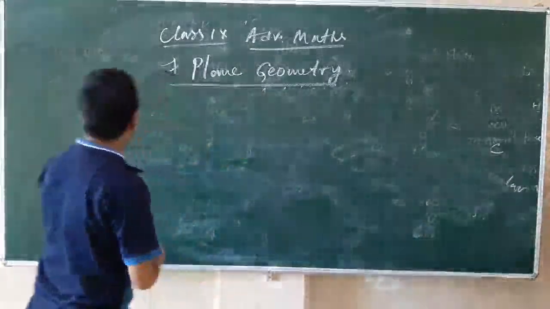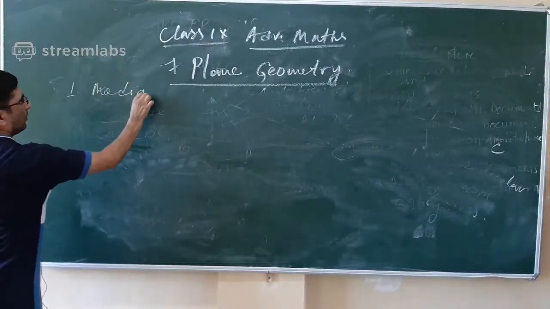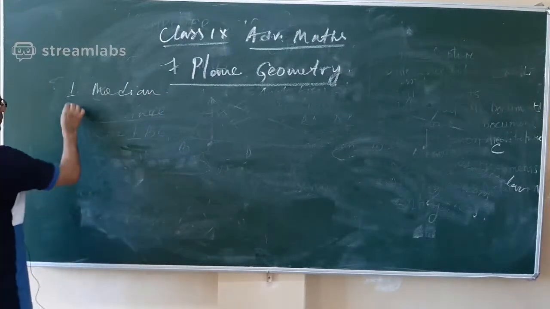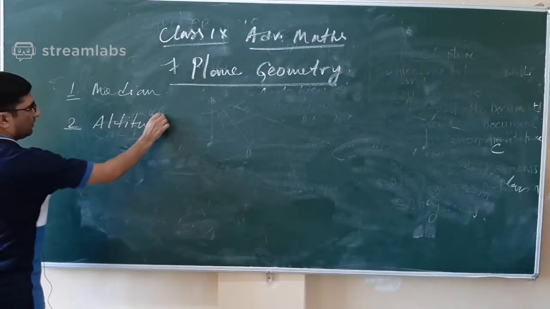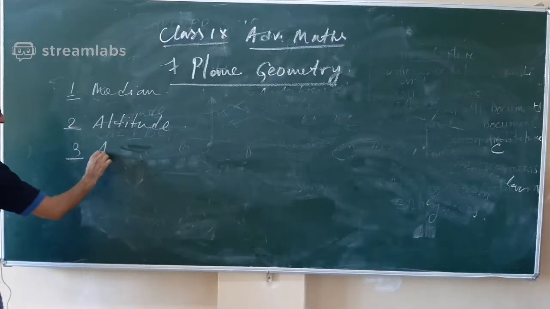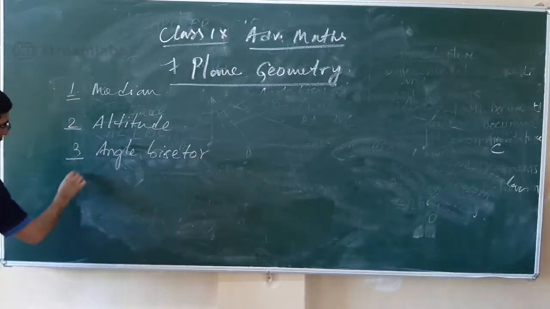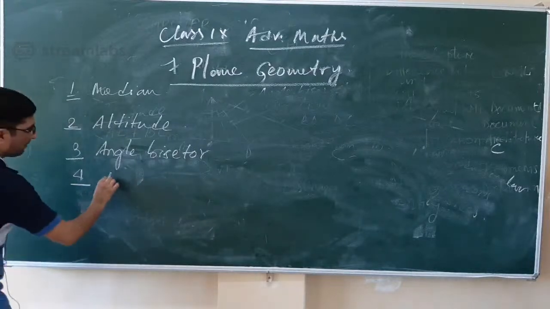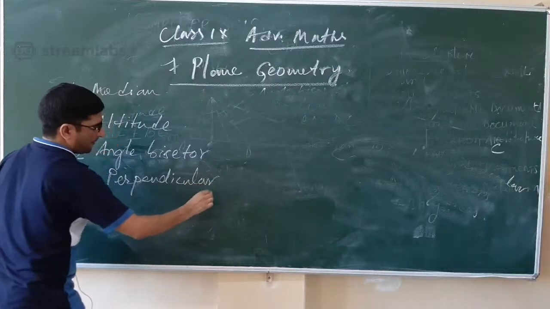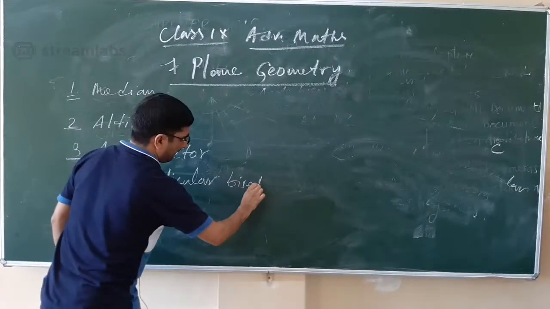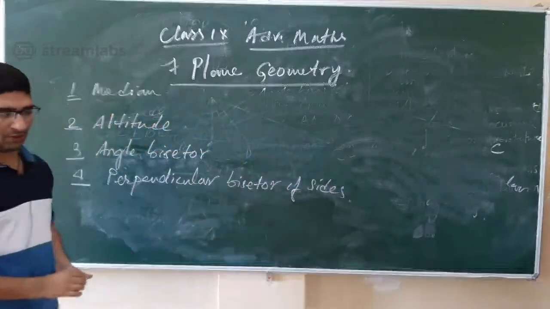First one is median, and then the second one altitude, the third one angle bisector, fourth one perpendicular bisector of sides.